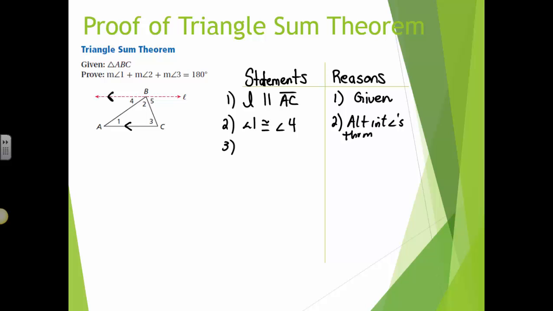And if I use BC as my transversal, angle 5 is congruent to angle 3, also by the alternate interior angles theorem. So I've got 1 congruent to 4, 3 congruent to 5, and angle 2 is congruent to itself by the reflexive property.